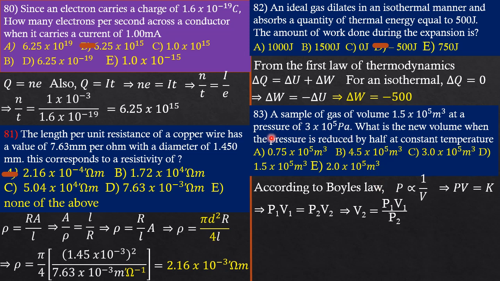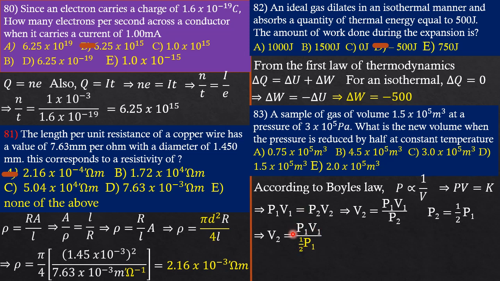But we are being told that the pressure is reduced by 1/2, right? So it therefore means that P2 is half of P1. So we are going to have P2 equal to half P1, right? So if we plug this back into this equation, we are going to have V2 equal to P1 V1 over a half of P1.